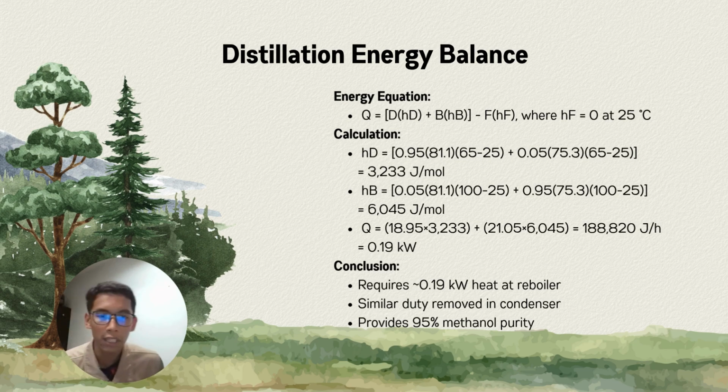I use Cp values from the Engineering Toolbox to find how much heat is absorbed to vaporize the methanol and separate it from water. The column needs about 0.19 kilowatts of heat input at the reboiler, and the same amount is released in the condenser.